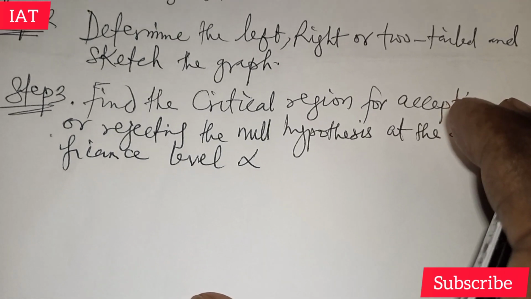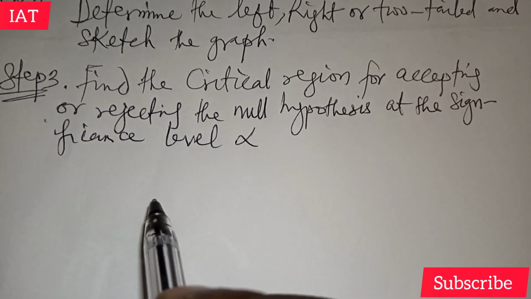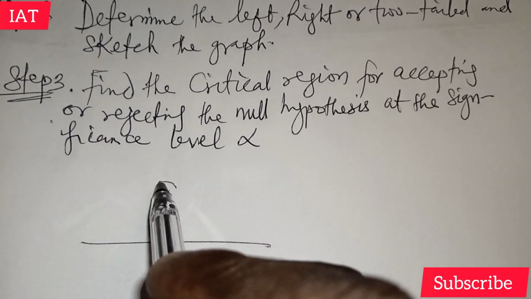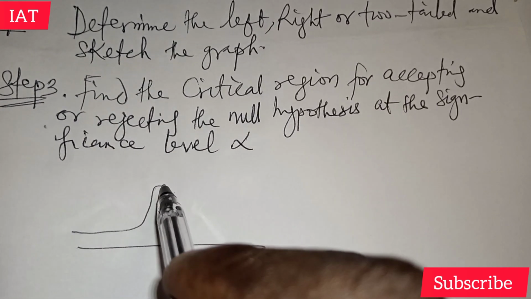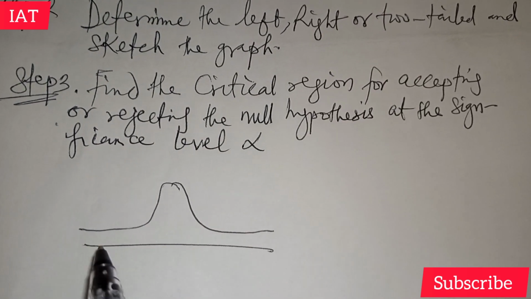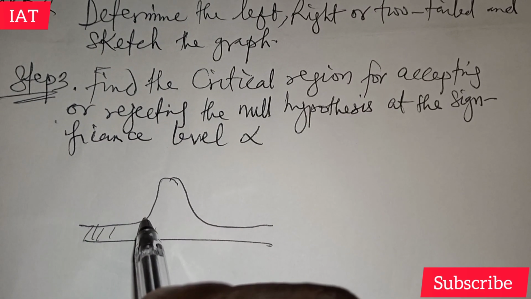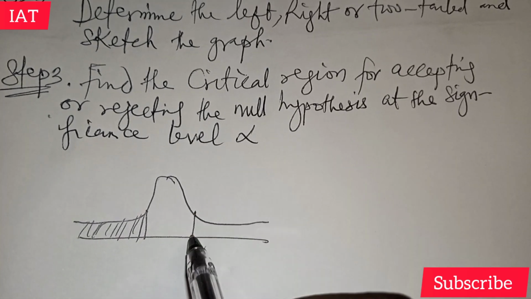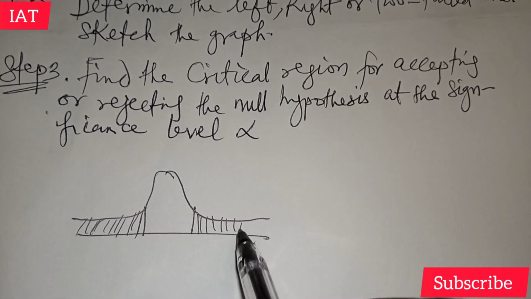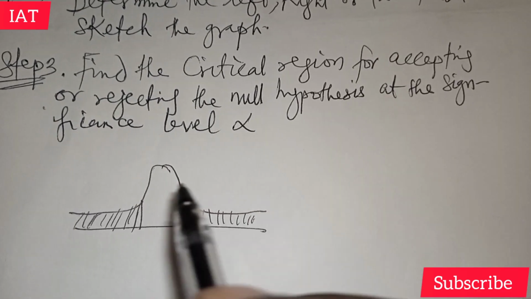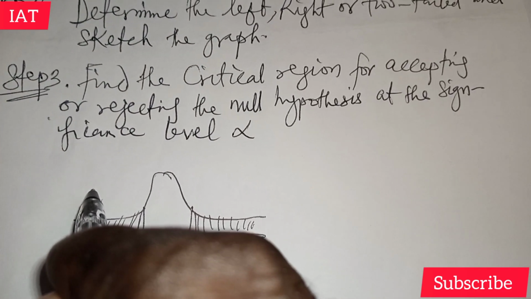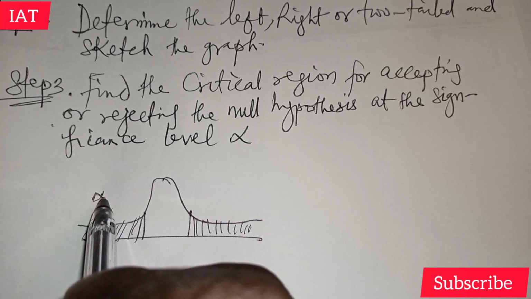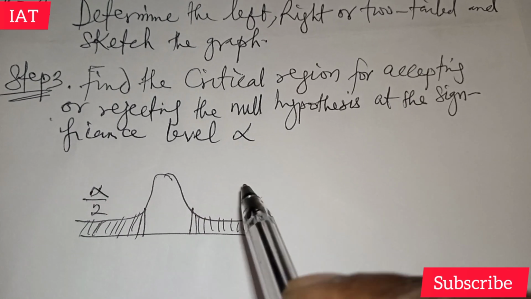For example, if I have this distribution like this, and then let's say I have a two-tailed test, I'll make sure I label the parameter I have on the graph.